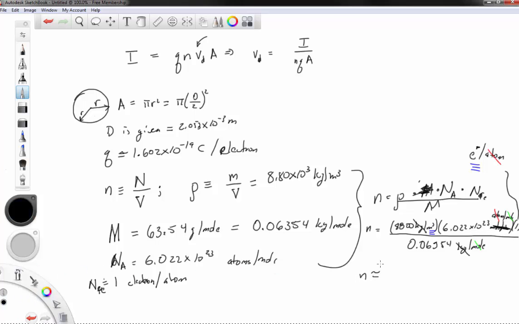So this means that N is going to be given by approximately 8.34019... So call that 8.34, and that's of course times 10 to the 23 plus 5 is 28.